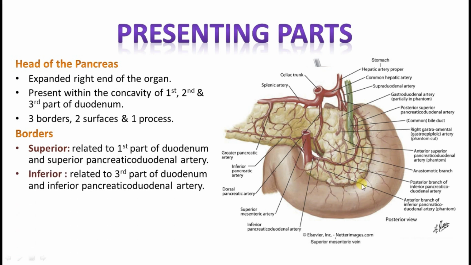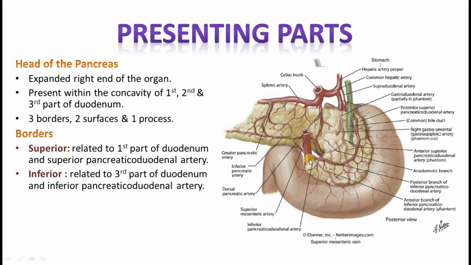The inferior border is related to the third part and the inferior pancreatico-duodenal artery, which is a branch from the superior mesenteric artery. The first branch of the superior mesenteric artery is the inferior pancreatico-duodenal artery. The superior pancreatico-duodenal artery gives anterior and posterior branches; here you see the posterior branch.